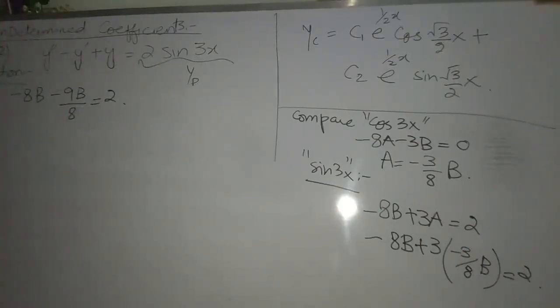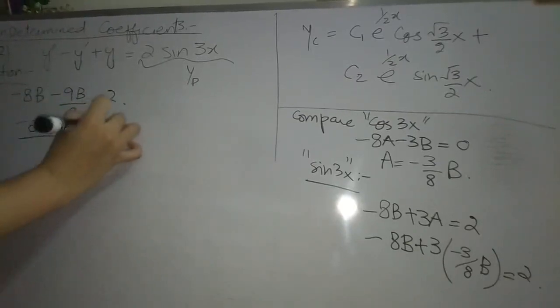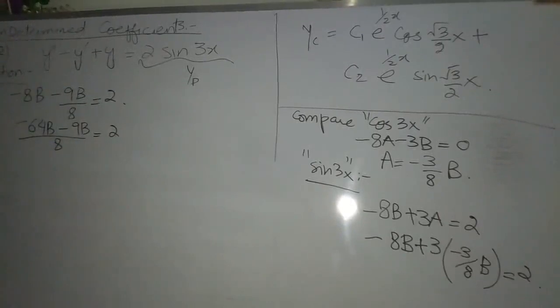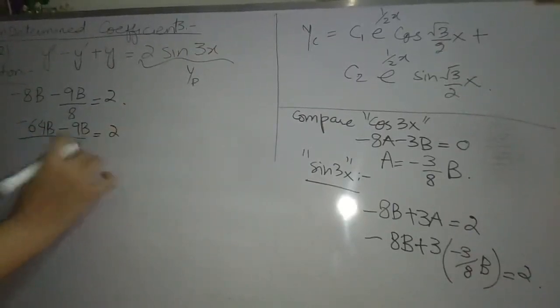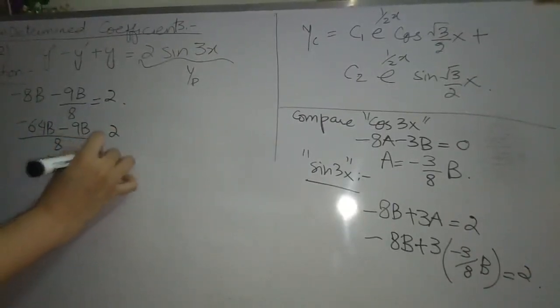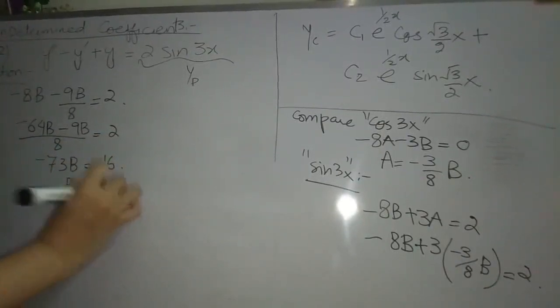Solve it. That becomes minus 64b minus 9b divided by 8 equals 2. And minus 64 minus 9 means minus 73. And 8 into 2 is 16, so minus 16, and b is minus 16 by 73.